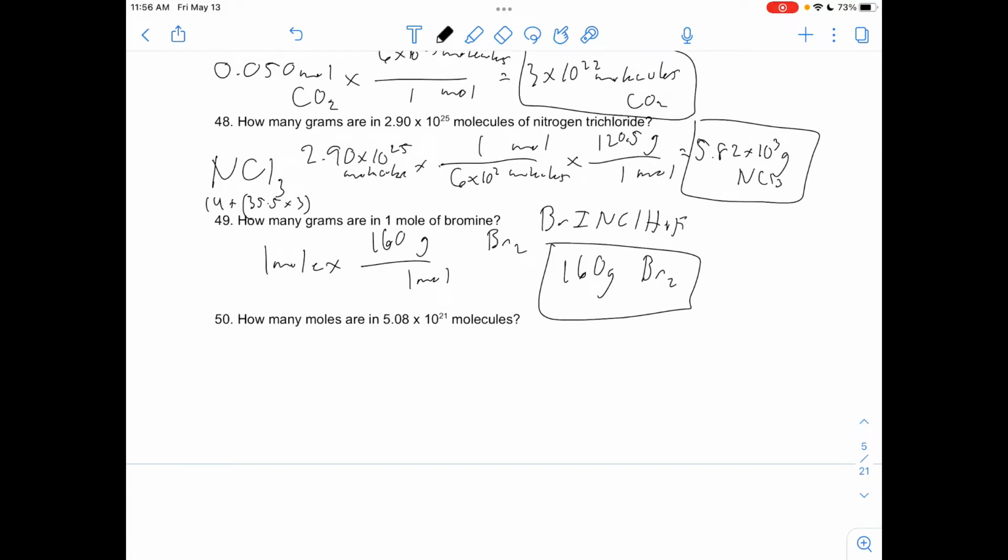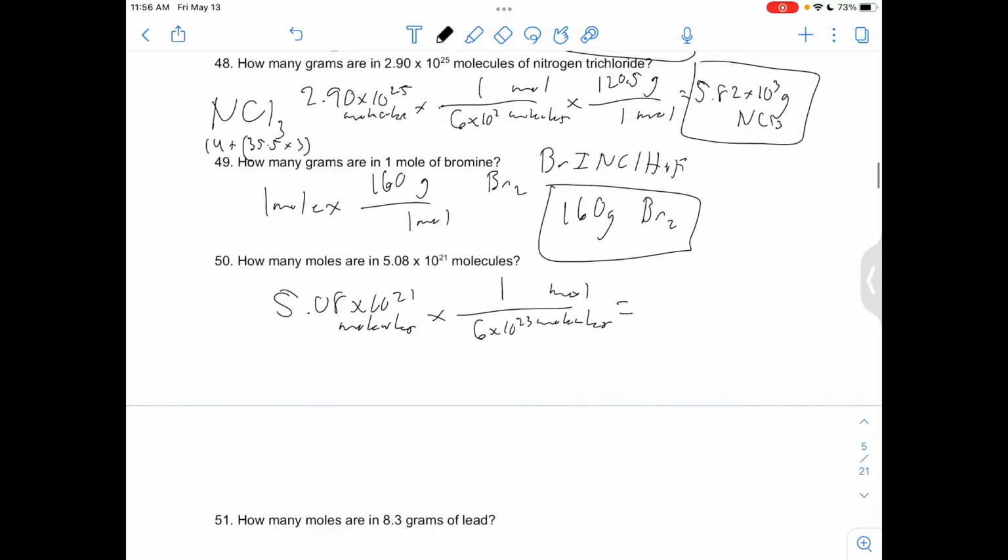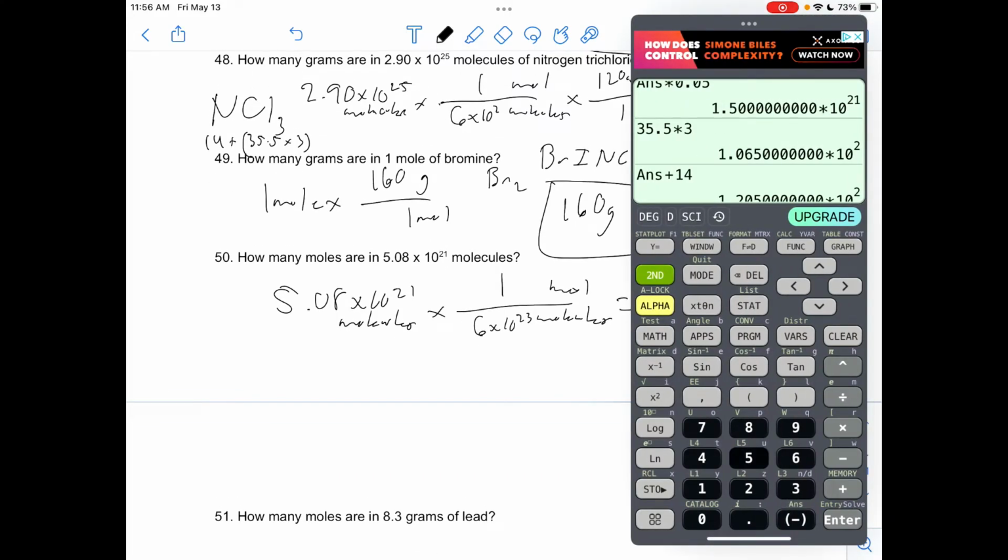Okay, how many moles are in 5.08 times 10 to the 21 molecules? So molecules to moles, 1 mole per every 6 times 10 to the 23 molecules. So just divide them.